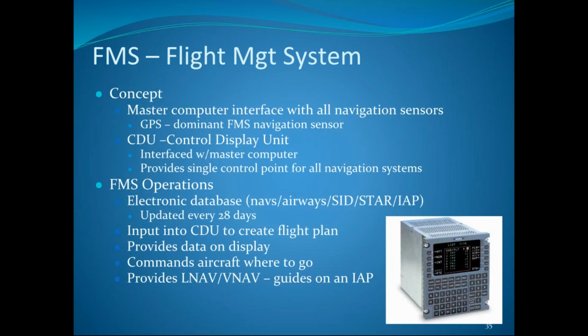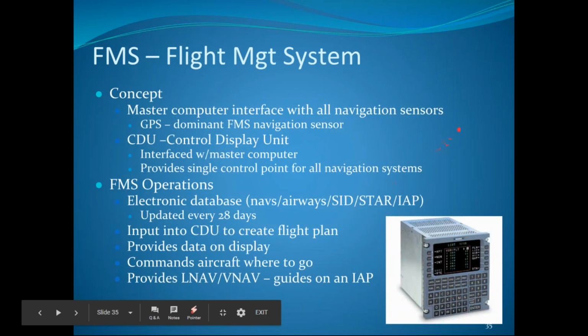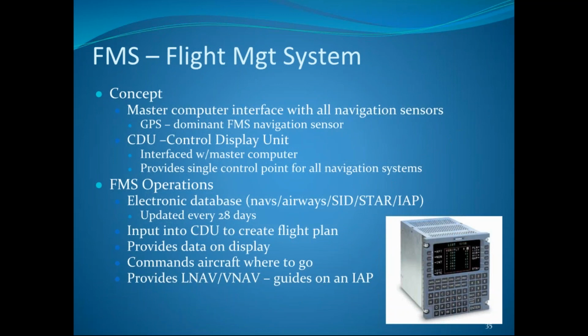It combines the GPS, the CDU, all of that into one centralized unit. The GPS is the dominant force in the FMS, I guess you could say. It's the main part of the FMS, but it is, once again, an independent system integrated with the FMS. The control display unit is what you can see here, just this display. It interfaces with the master computer and provides a single control point for all navigation systems.